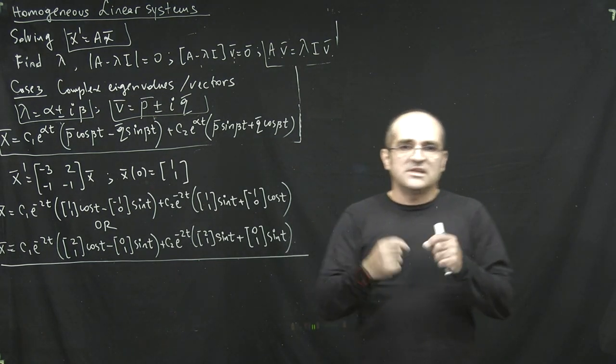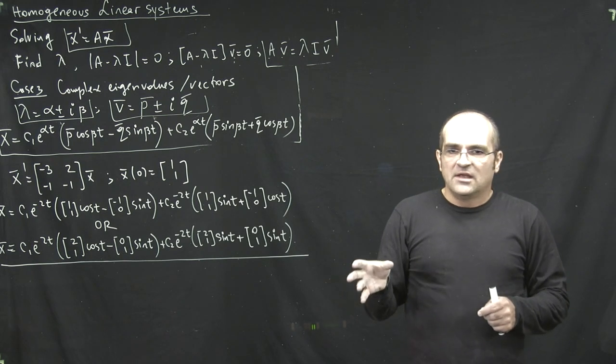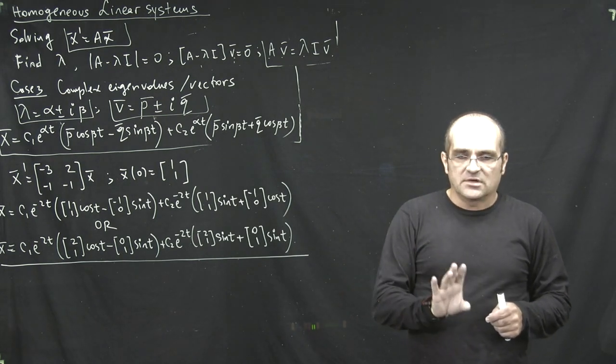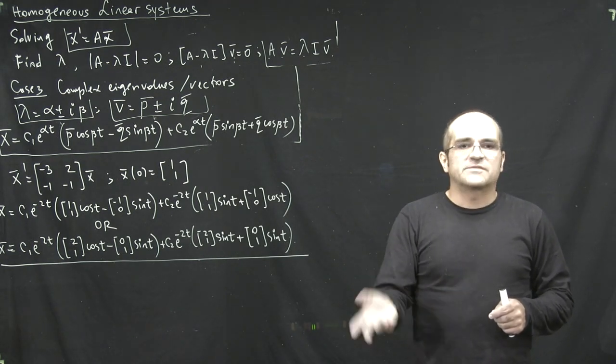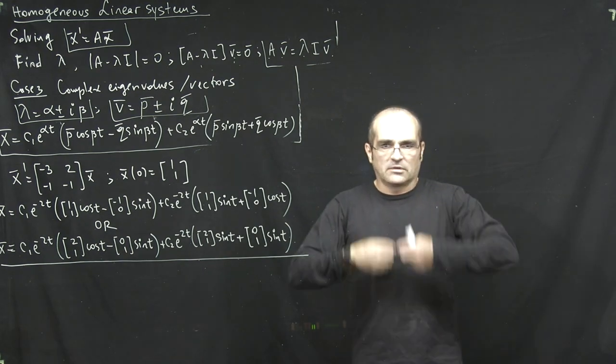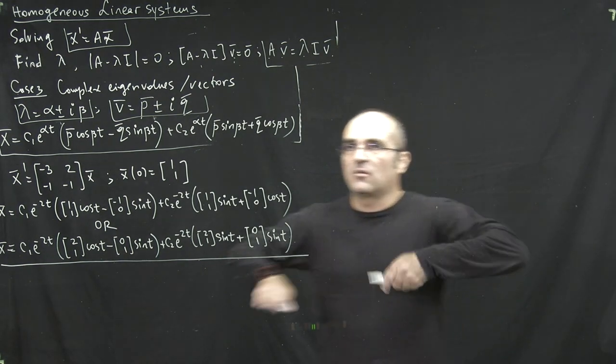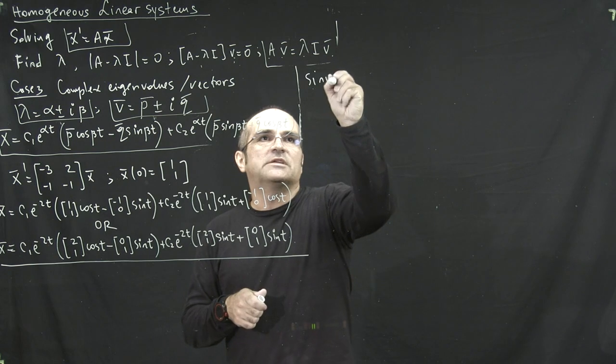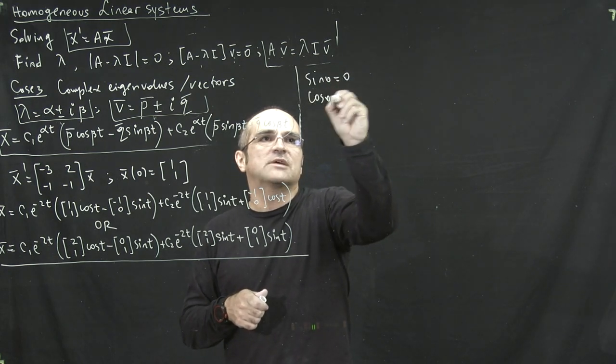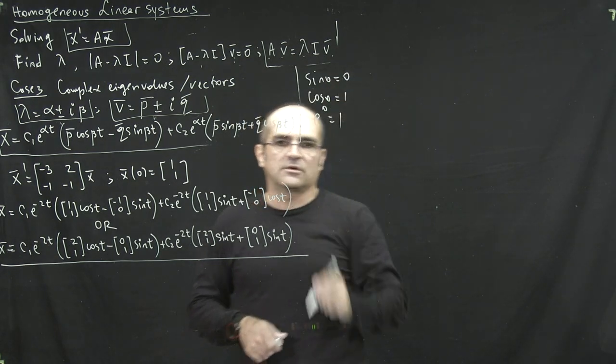Furthermore, when you impose the initial condition in the complex case, it's actually easier than it may look, because the presence of sine and cosine will create lots of zeros. Remember, when you plug in 0 for t, sine of 0 is 0, cosine of 0 is 1, e to the 0 is 1.